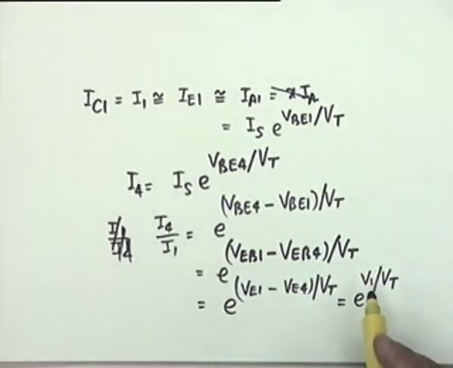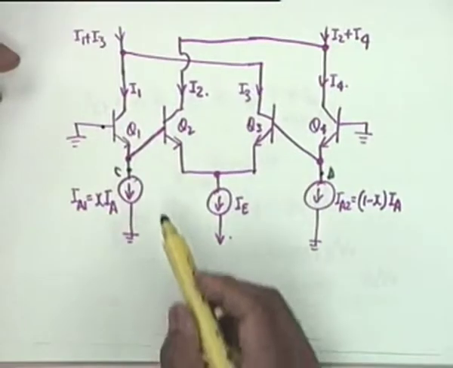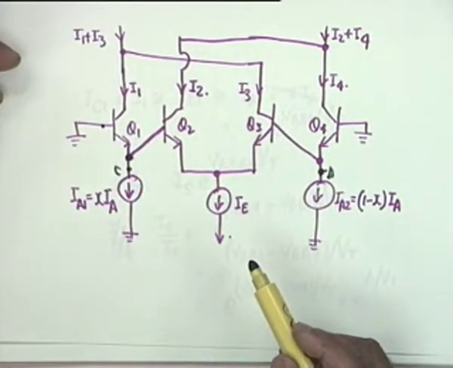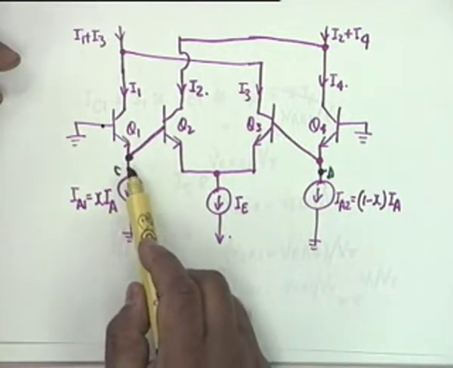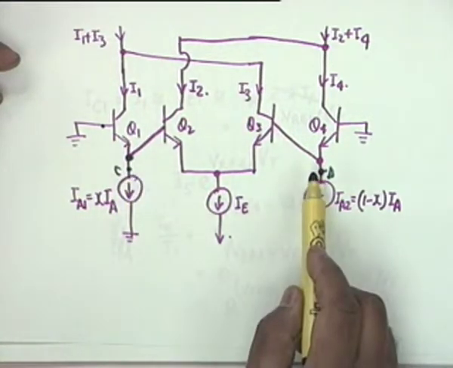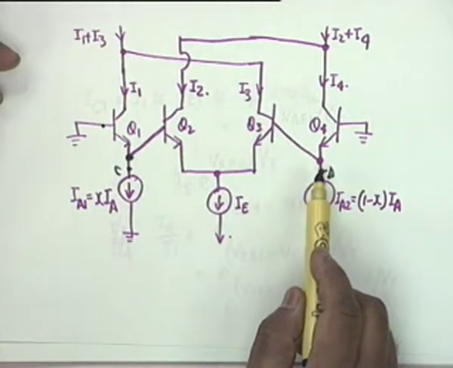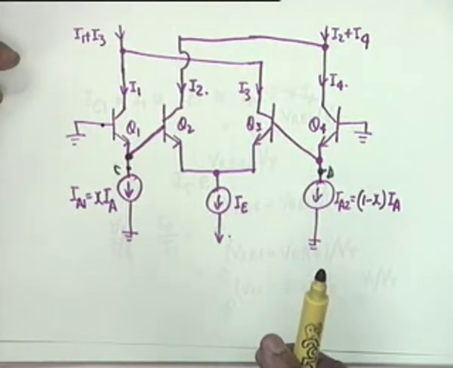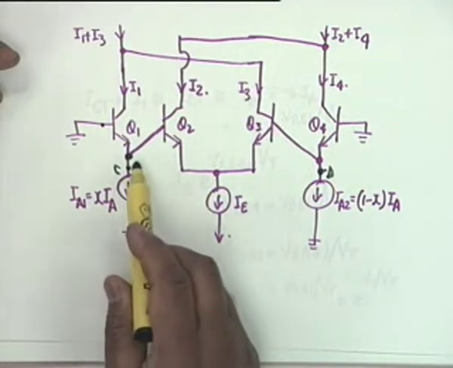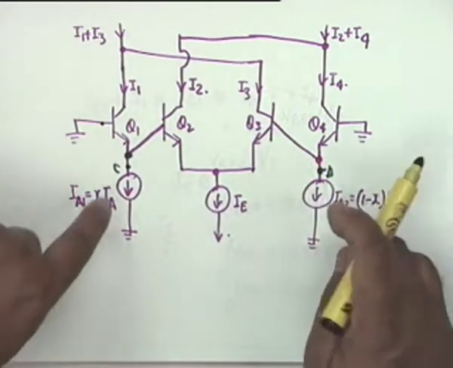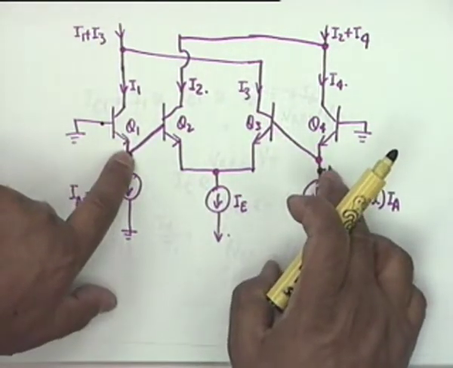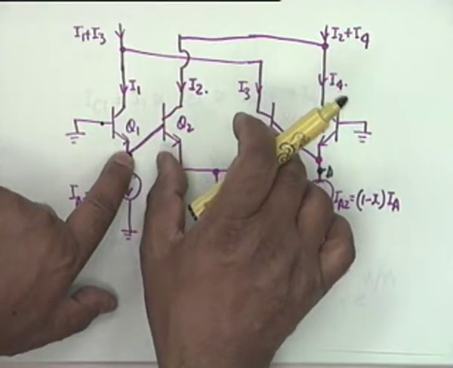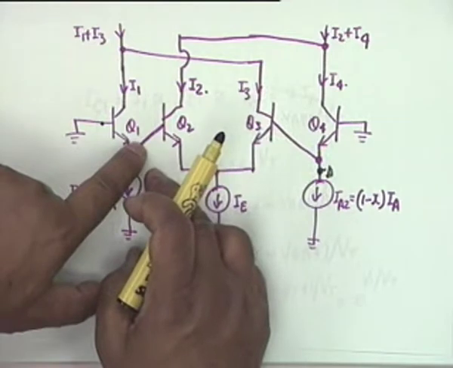Let's identify where this V1 occurs. V1 obviously is the difference between this potential and this potential. Isn't that right? Difference between the potentials of points C and D. Is the point clear? And therefore, what we have produced is ultimately a difference of potential between Q1 and Q2, which is applied to the differential pair Q2, Q3. Isn't that right? Between the two bases is applied a voltage V1.